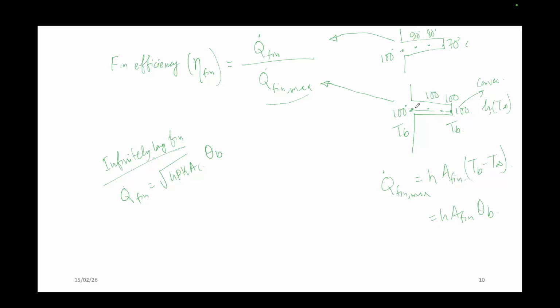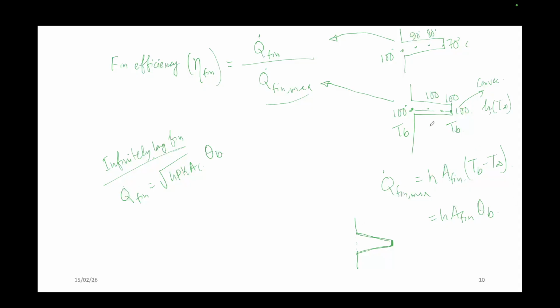And Biplab ji, what is your question? In your question, if the fin is like that, in that case the area should be the area of this. This is a converging fin, right? So here the area of the fin is smaller than the area of the base.